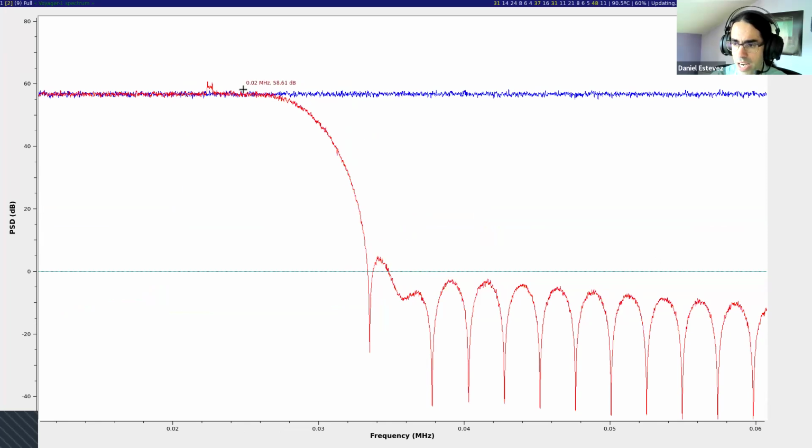And how large this transition region is depends on the number of filter coefficients. If we have few filter coefficients, then this transition will be very large, which is bad because an ideal filter decays immediately, and that is mathematically impossible. But in general, we want to have this thing decay as quickly as possible.